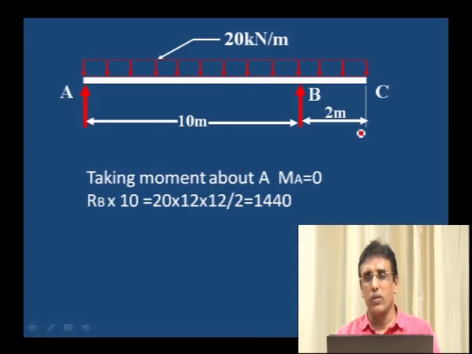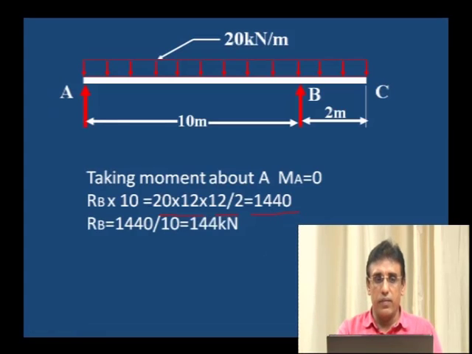Here we take 20 into 12 into 12 by 2, because the uniformly distributed load acts at the center of its length, that is 12 divided by 2, 6 meter. Therefore, total moment about A is 1440. 1440 divided by 10, you get the reaction at B as 144 kilonewton.